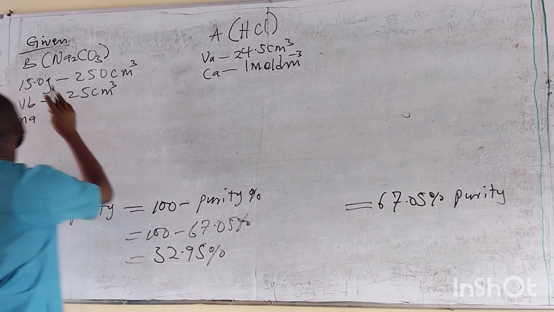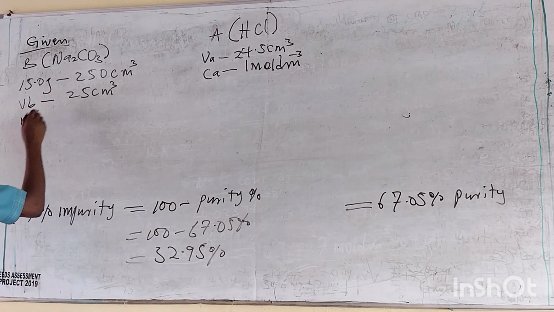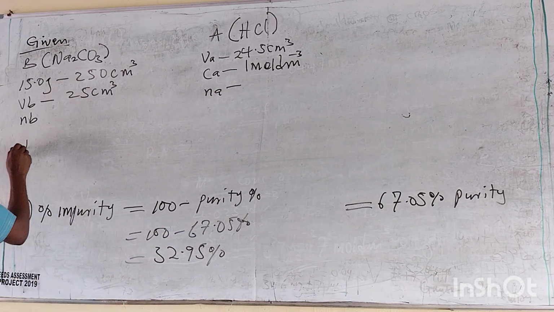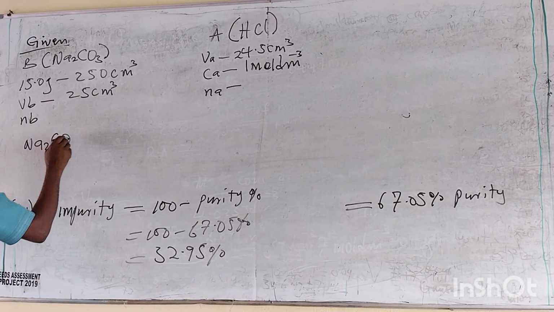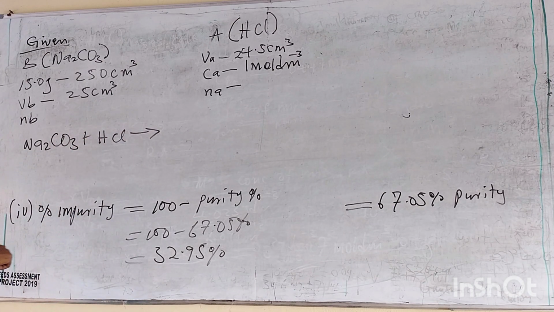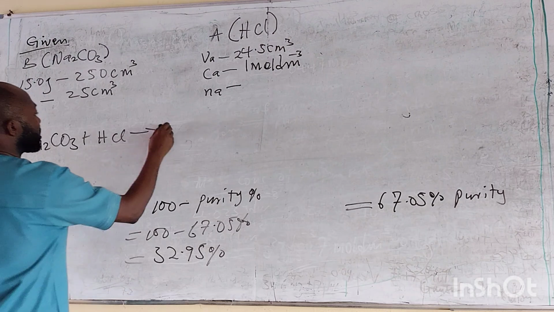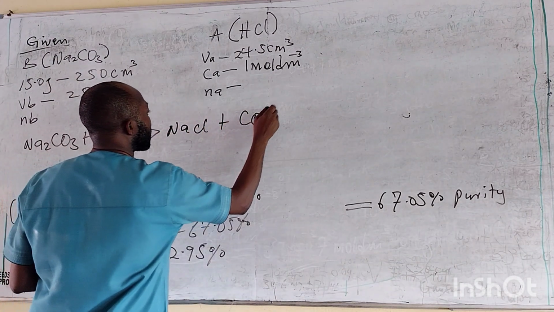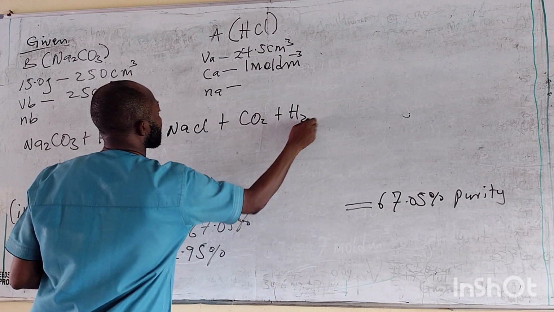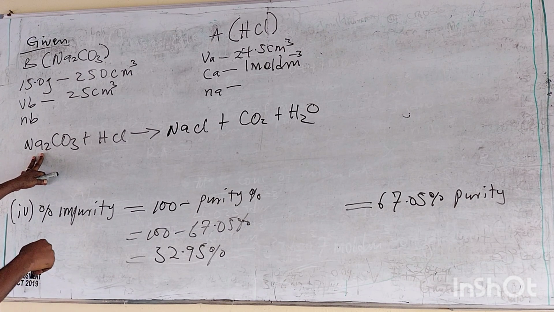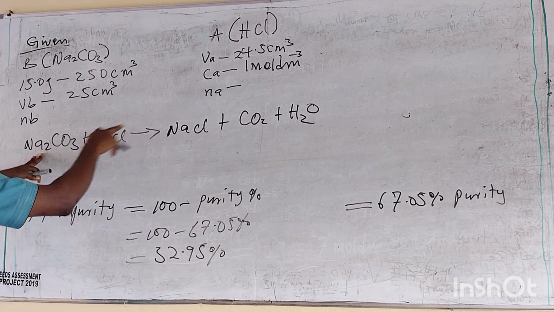NB, NA. So I have disodium thiocarbonate plus HCl. That will give me sodium chloride plus CO2 plus water. Now let's balance. We have 2 sodium here. I have 2 hydrogen, there is 1 here.